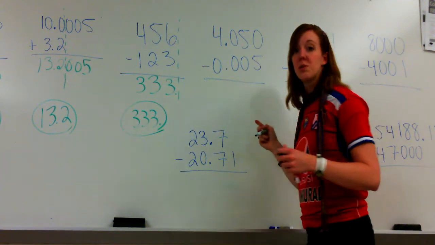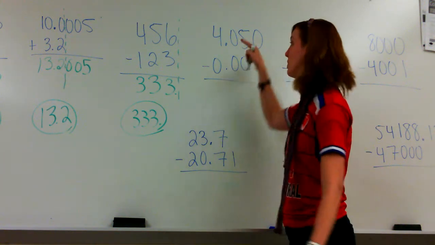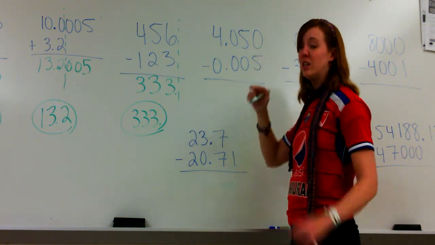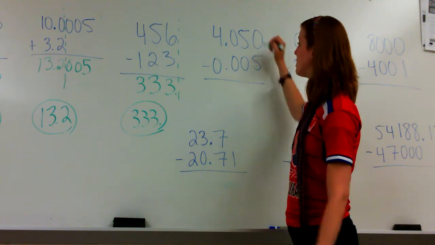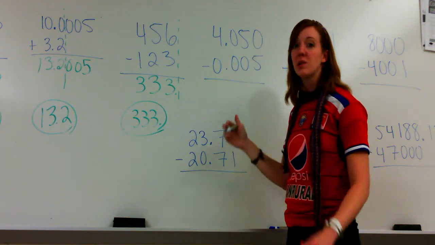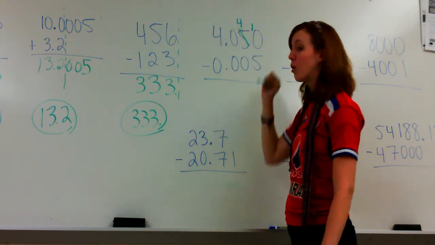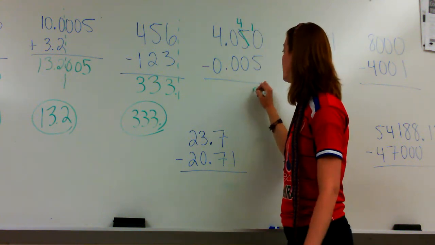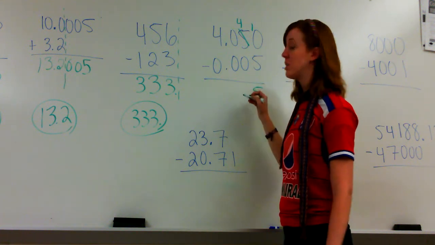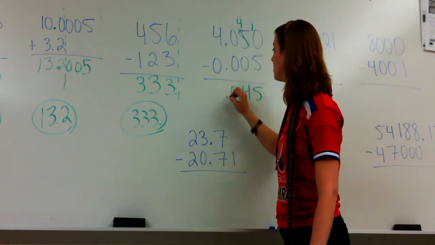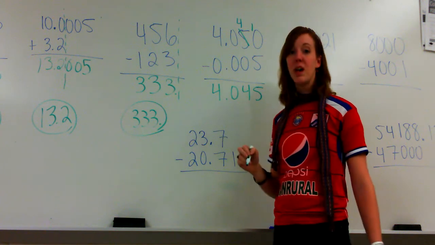Here, this is also subtraction. Now remember, when it's 0 on the top, it gets a little strange. So 0 minus 5 is not possible. I need to make that 10, which means I need to borrow. 10 minus 5 is 5. 4 minus 0, 4, 0. That's my answer.